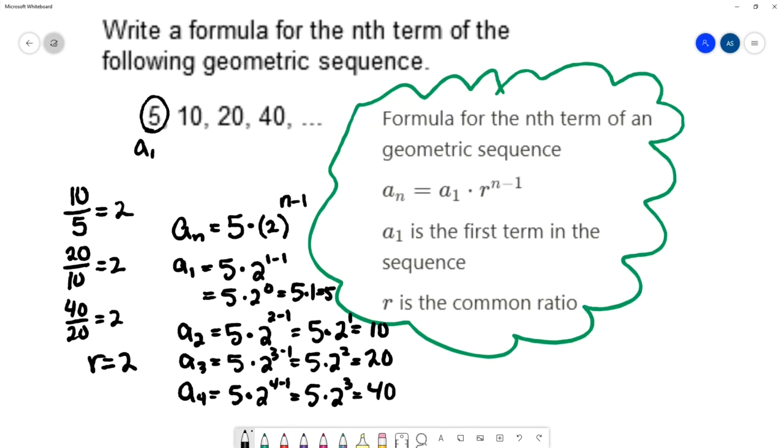We got the appropriate fourth term of the sequence as well. So the nth term of the sequence 5, 10, 20, 40 is 5 times 2 to the n minus 1.